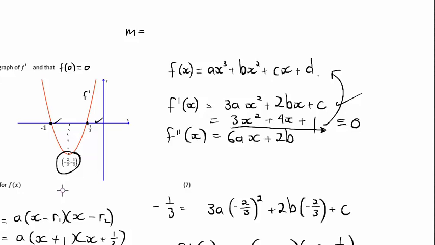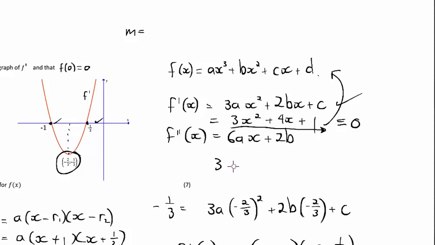So sir, don't you take the individual terms, for example the 3x squared, and let it equal to what you got? Yeah, and then equal to the first. Like for example, 3x squared equal to 3a.